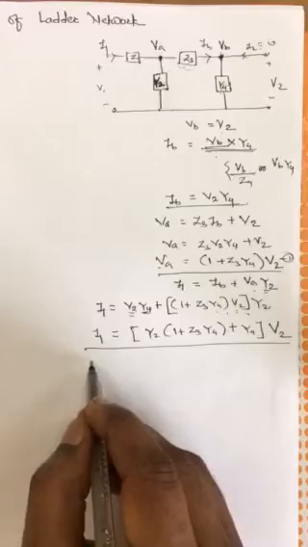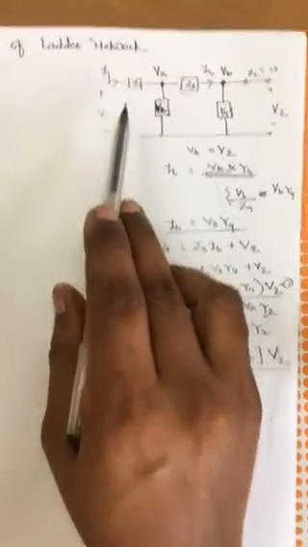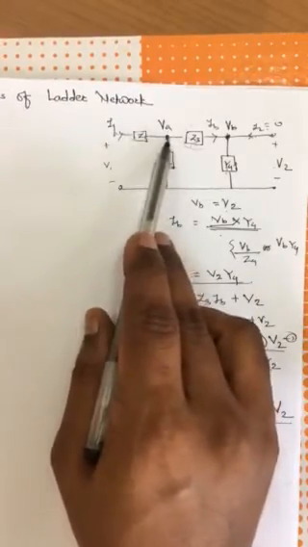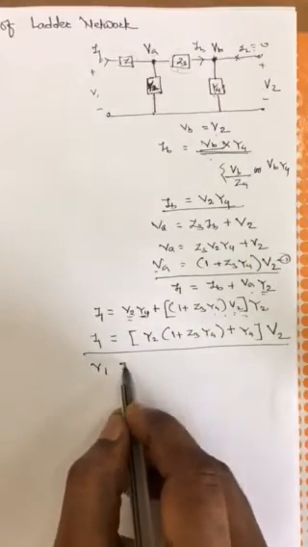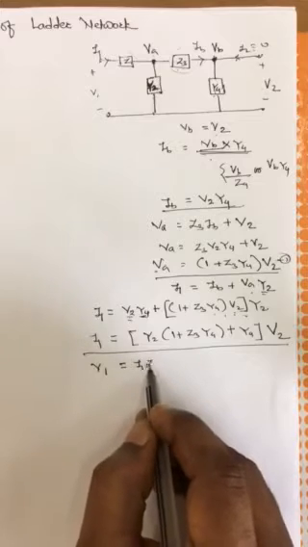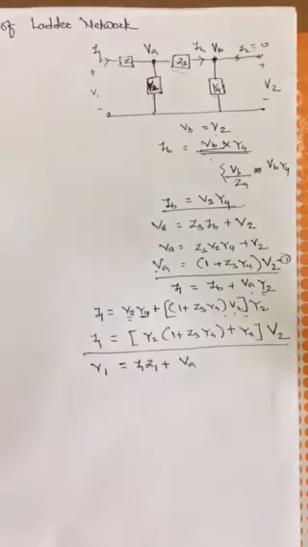Now the next term is to find out V1. So what is V1? V1 is the voltage here. Can I say V1 equal to the drop over here plus VA? Yes, I can. So V1 equals the drop at impedance Z1, which is I1 Z1, plus VA, right?